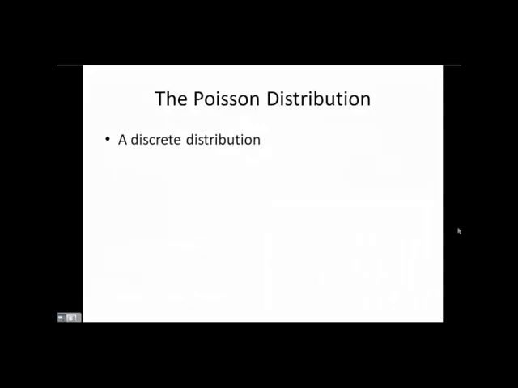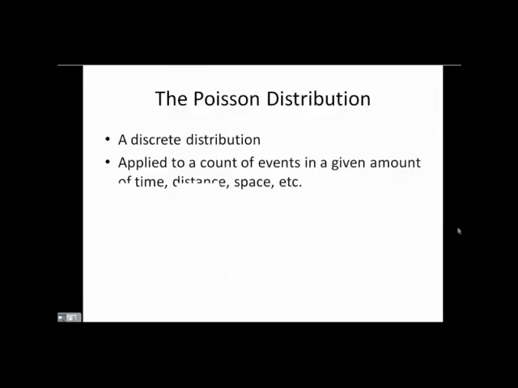But it's a discrete distribution, and it applies in specific circumstances where you're looking at the distribution of counts of events, number of events happening in a unit time or unit distance, unit space. It's some discrete events happening over some interval of a continuous variable, as it turns out: time, distance, space, etc. And some examples might be the best way to illustrate that.